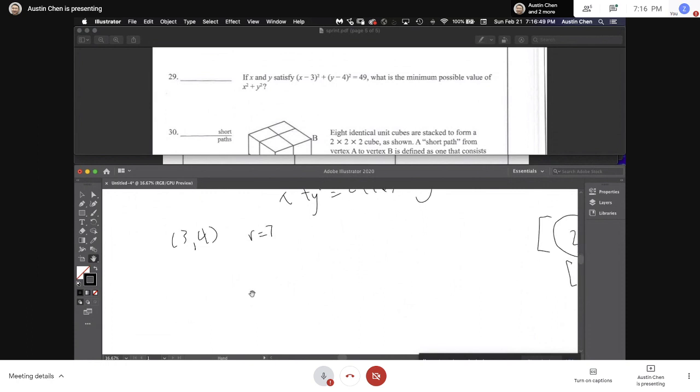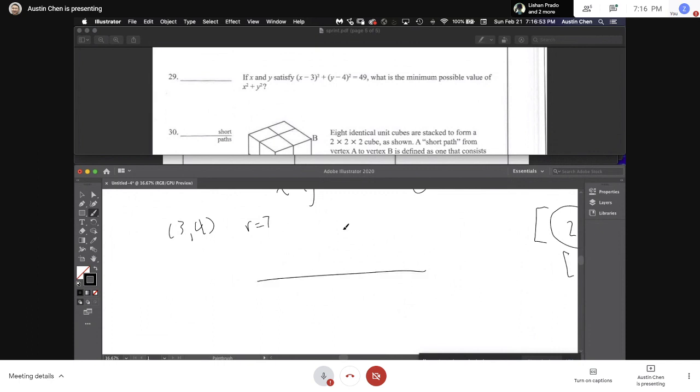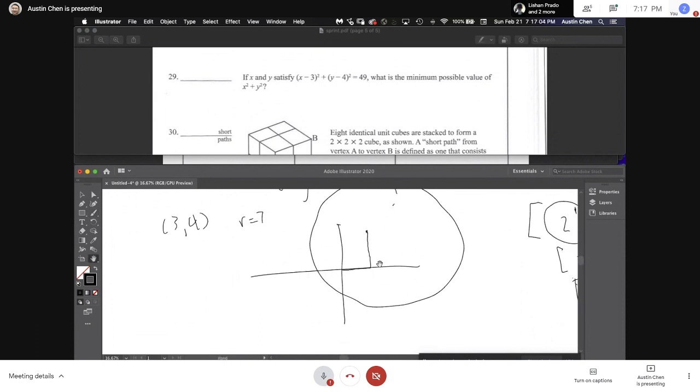You can think of the equation as a graph of a circle where the center is at (3, 4) and the radius is 7. So maybe something like this. Not the best circle, but yeah.